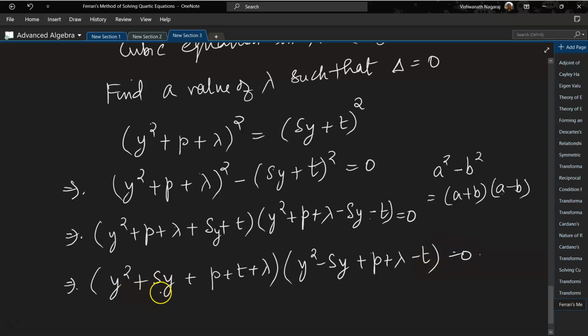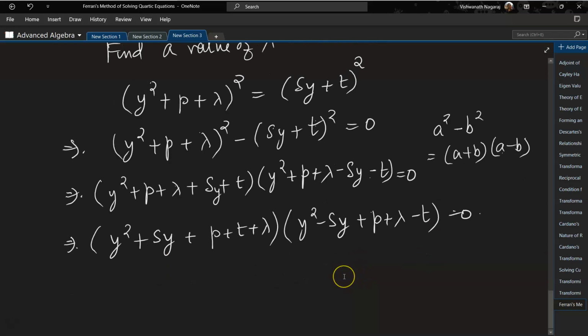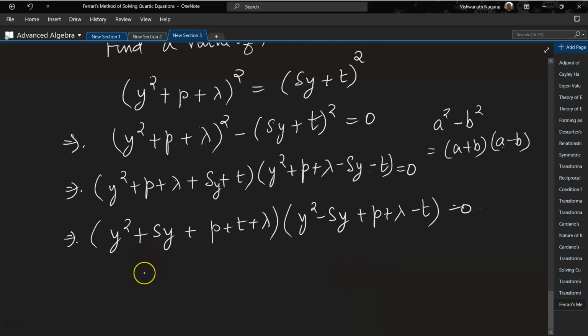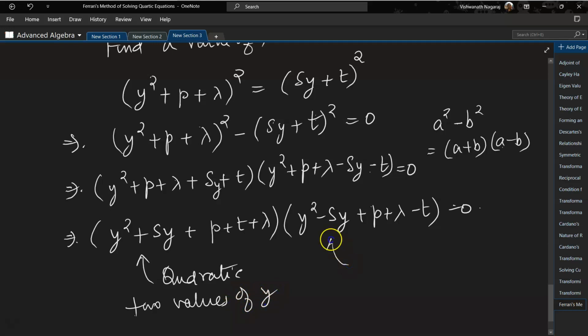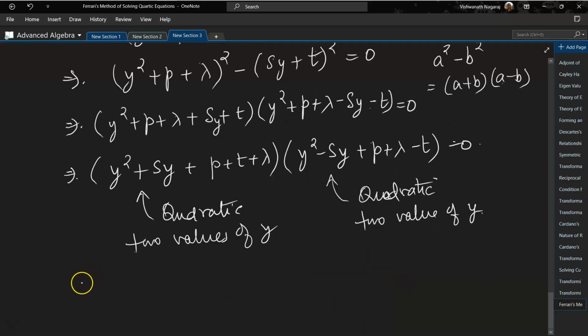So this is a quadratic equation. This is a quadratic equation, right? So we can use any method, factorization or straightforward quadratic formula, to arrive at two roots of this quadratic, two values of y. Similarly, the other quadratic gives two values, which means we have four values of y.